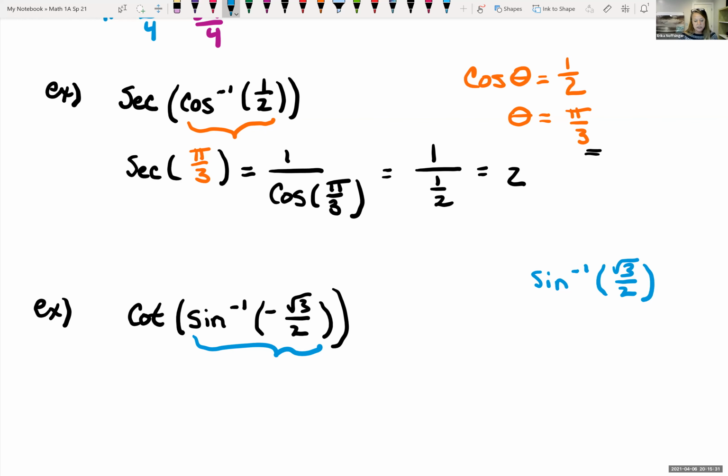That is 60 degrees, or pi/3, would get us to positive root 3 over 2. But we're in our sine inverse for the negative. This has to be, so this is a reference angle in quadrant 4, and it has to be between negative pi/2 and pi/2. So that would be negative pi/3. So this right here is negative pi/3.